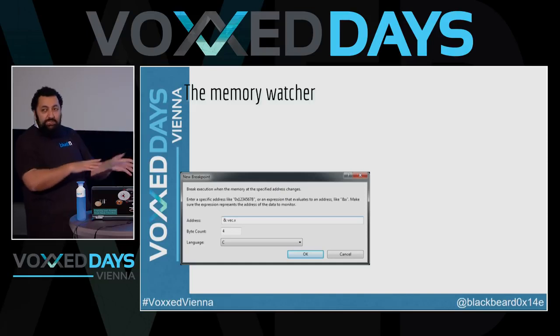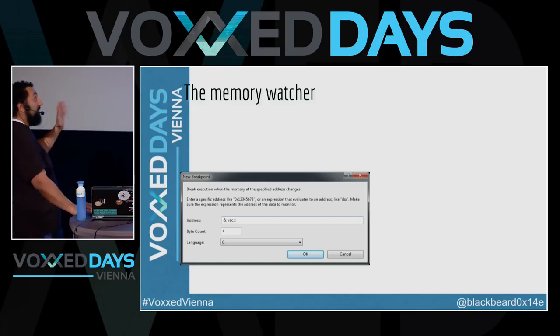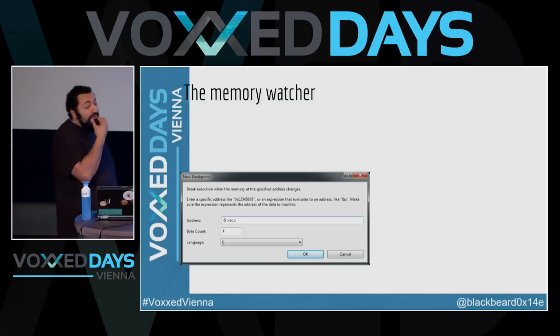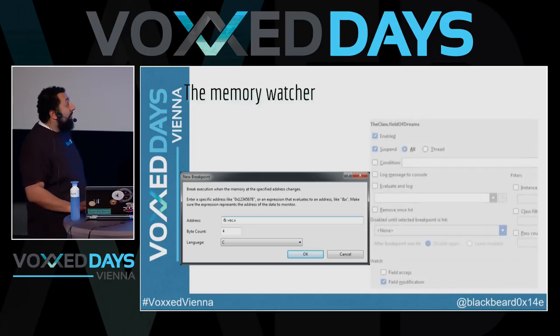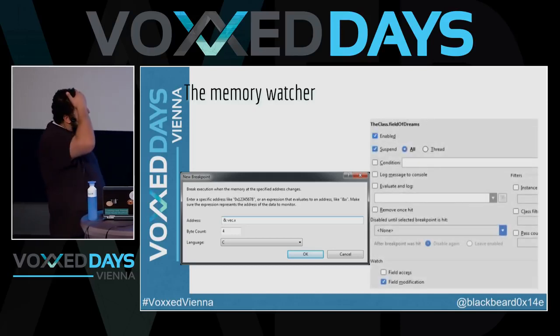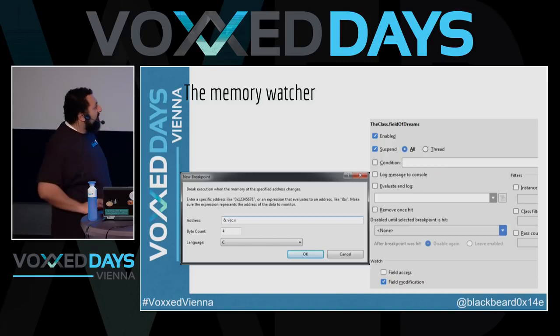The moment it's accessed or changed, the breakpoint goes off. In Java, we don't have that. We have something similar. It's called, I don't know, a field modification breakpoint or something. This screenshot is from IntelliJ.